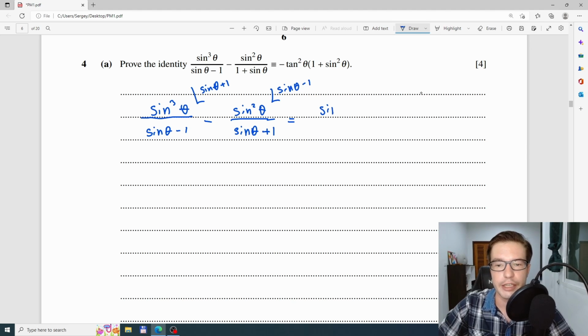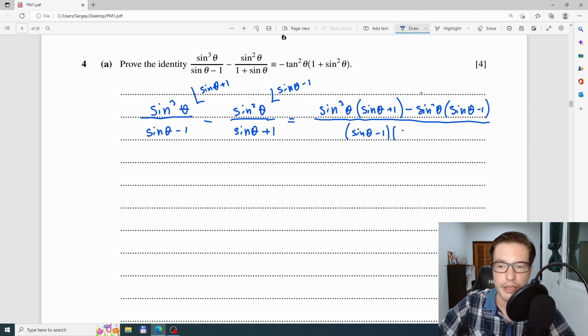So I will get sine cubed theta times sine theta plus 1 minus sine squared theta times sine theta minus 1, over sine theta minus 1 times sine theta plus 1.